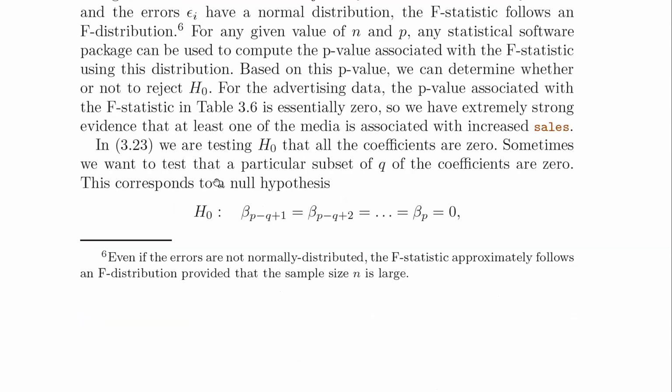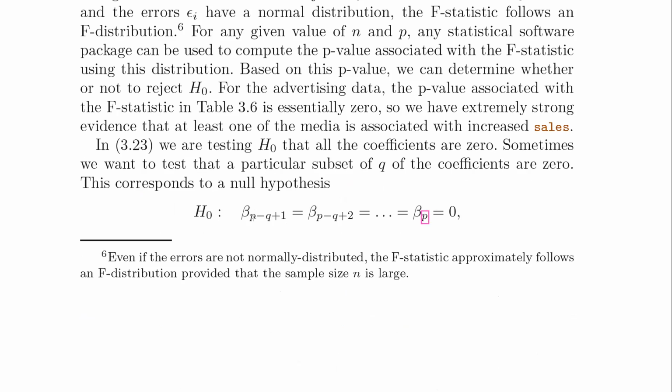You then try and see if, probably it might be easier to just read, but you're looking at a subset over here. Instead of looking at beta 1 to beta p, we're taking q parameters.